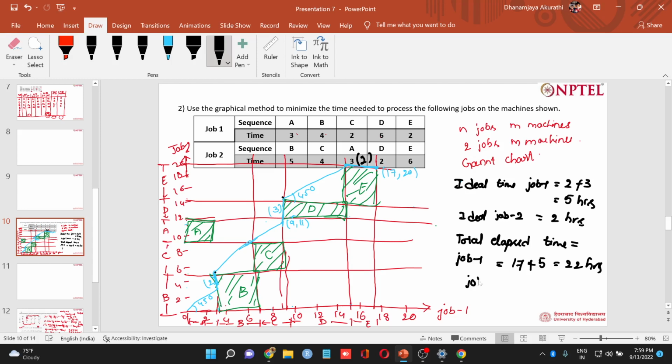And the total elapsed time for job 2 is 20 plus 2 hours, that is 22 hours. Anyhow the total elapsed time is 22 hours for both the jobs, and here we also defined the idle times.